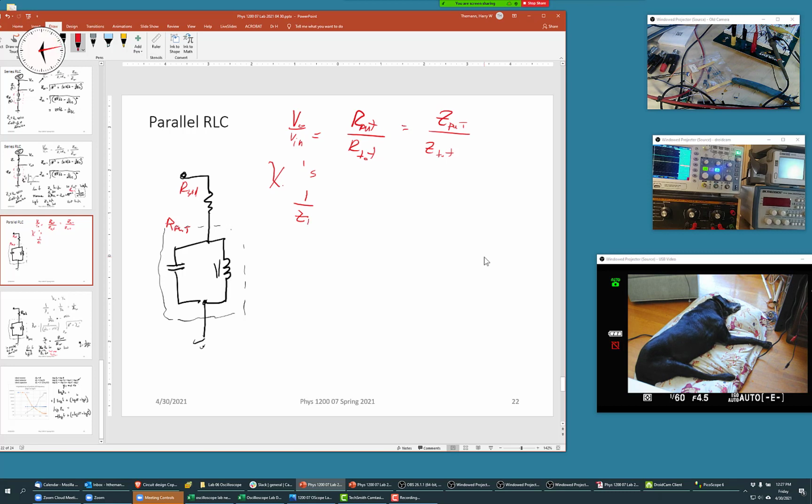Give me a minute. Yeah. 1 over Z total equals 1 over ZL plus 1 over ZC. Oh, chi. Keep forgetting that. Let's see. Chi L equals 2 pi FL. Chi C equals minus 1 over 2 pi FC.